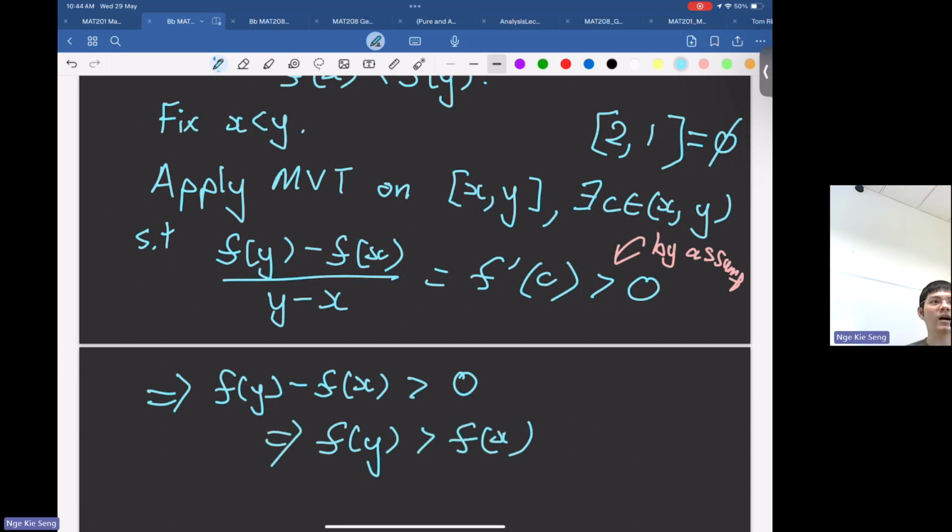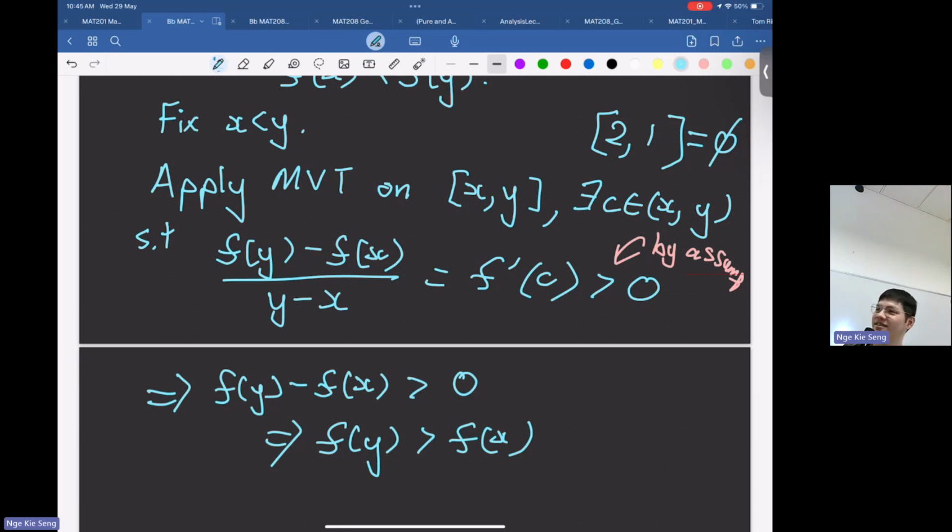If you don't have the MVT to tell calculus people, it's a bit hard to prove. Maybe you can draw a graph for them, but this is the analysis way to prove it. You need the MVT.